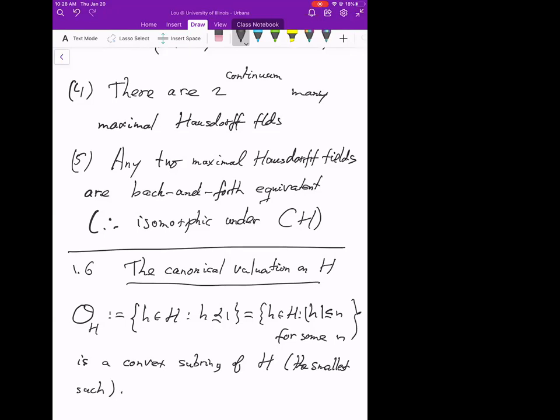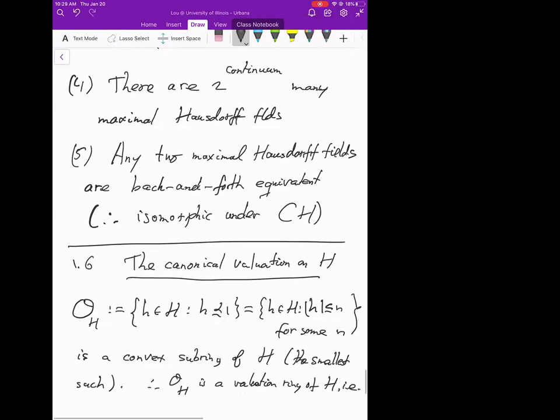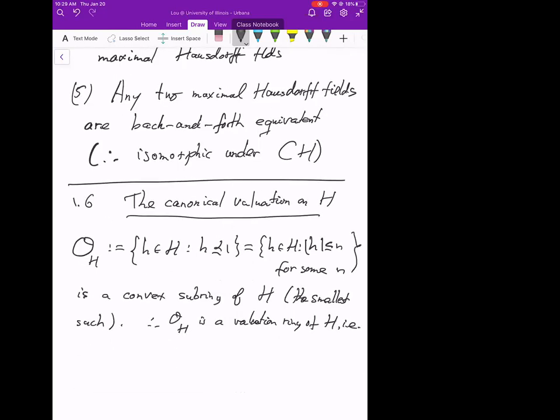And it follows that this is a local ring, therefore O_H. Well, first of all, I should say that it's a valuation ring of H, which means, i.e., if an element f in H is not in O_H, its multiplicative inverse is in there.